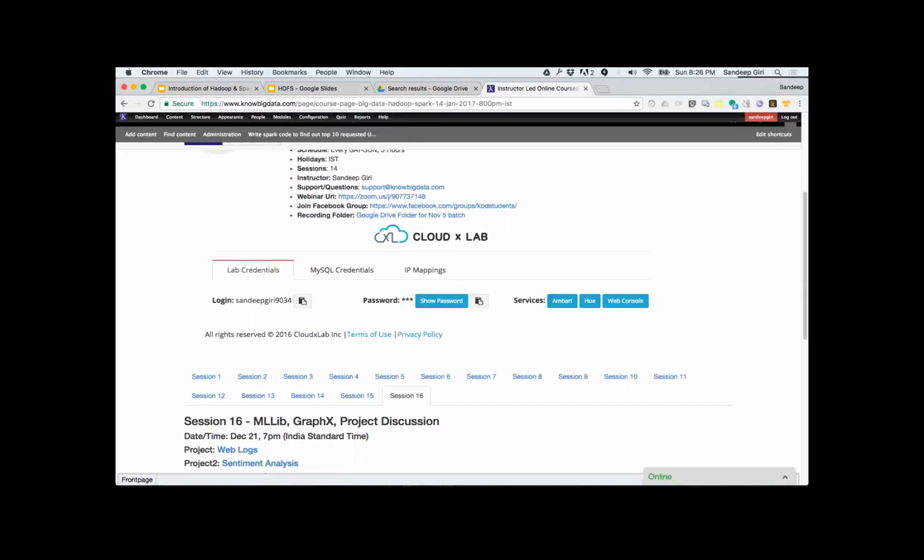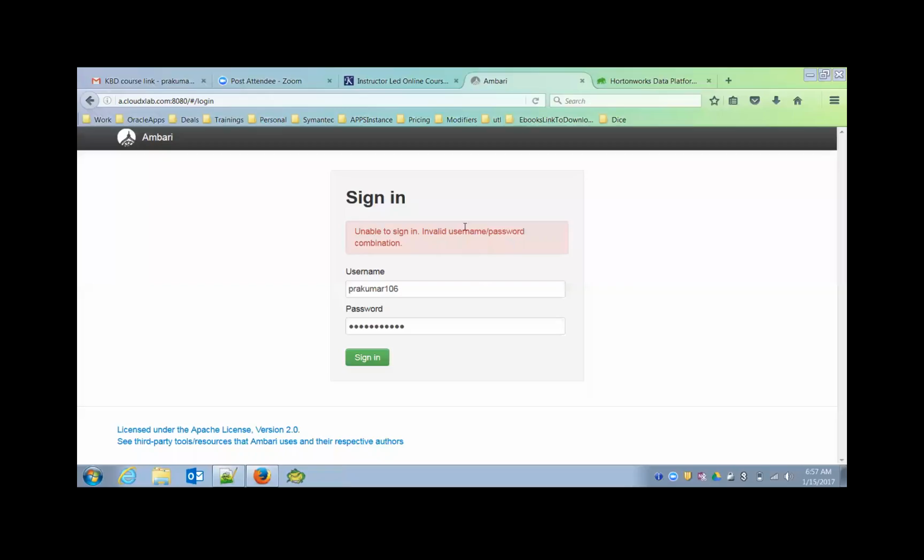Okay, Pradeep and George are not able to log in. So Pradeep, I'm going to stop sharing. You share your screen. I can help you. Okay. What does it say? It says invalid username or password.